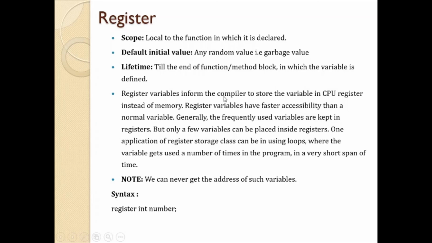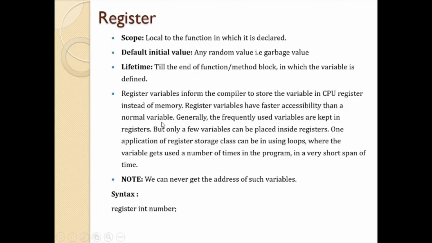Register variables inform the compiler to store the variable in a CPU register instead of memory. Whenever you define a variable with the register keyword, that variable gets its memory in a CPU register, not in main memory. Register variables have faster accessibility than a normal variable.